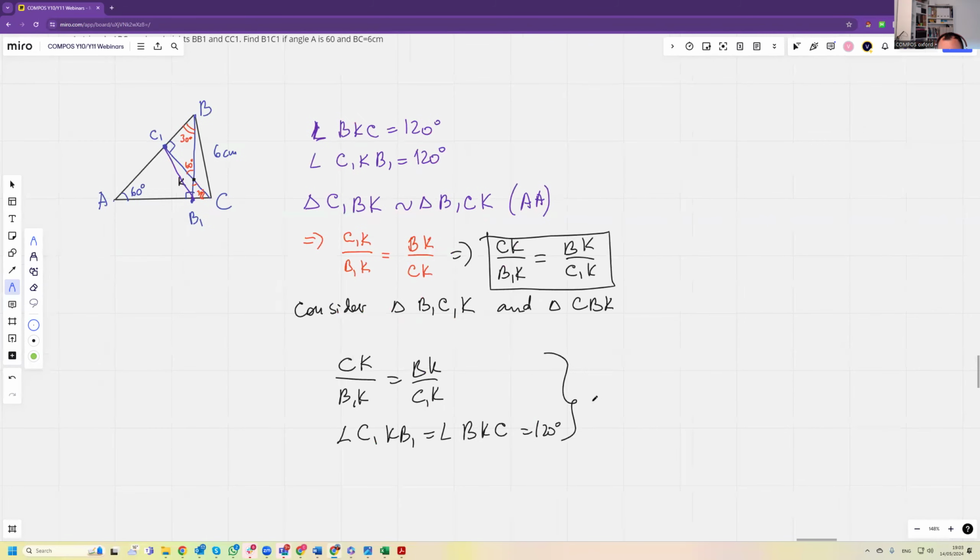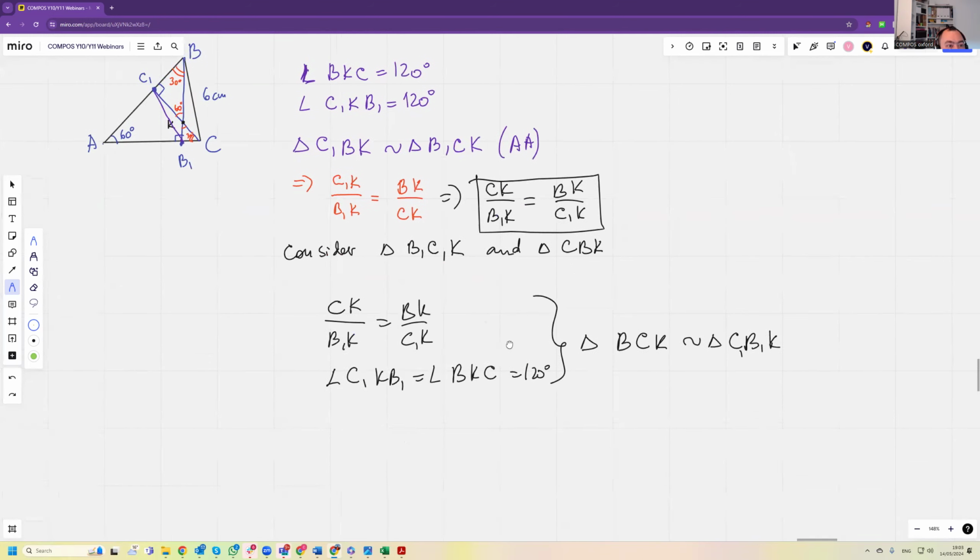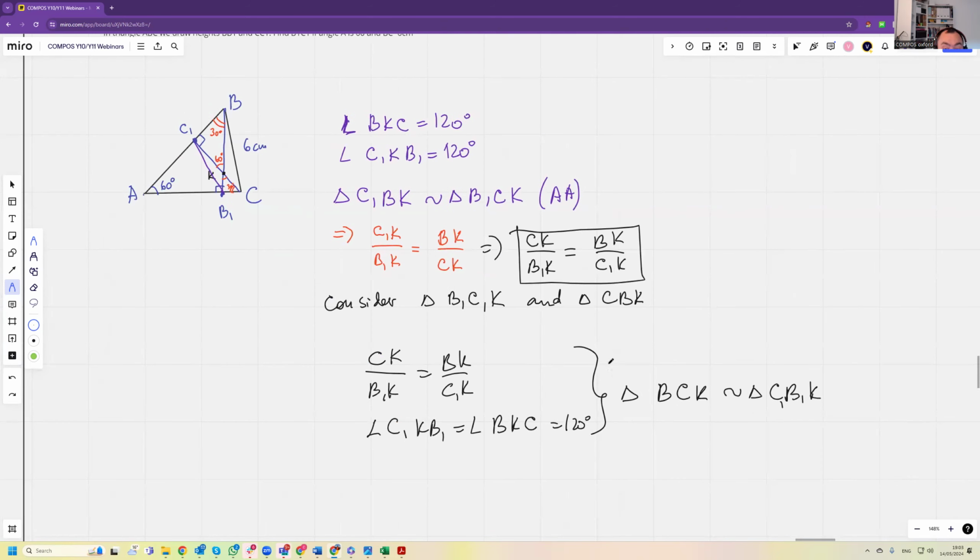Therefore, triangle BCK is similar to triangle C1B1K. So these two triangles are similar. So this triangle is similar to this one. And all we need is to find the coefficient of the linear scale factor. How can we do that?